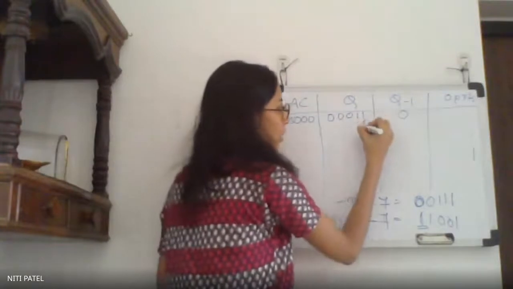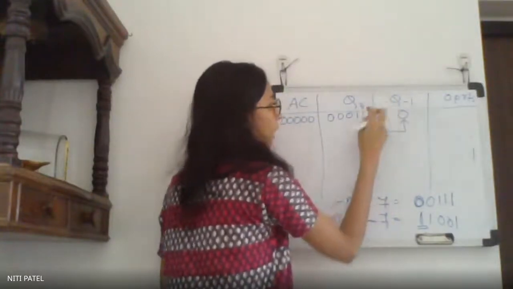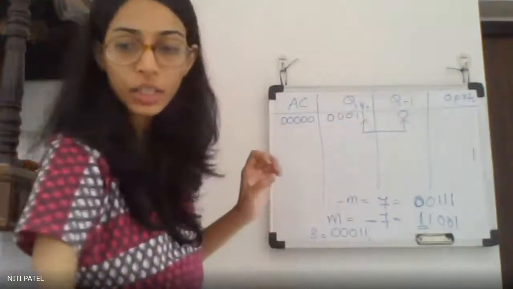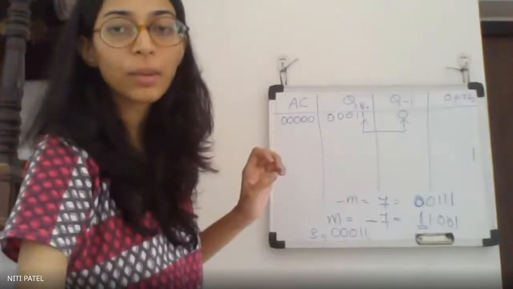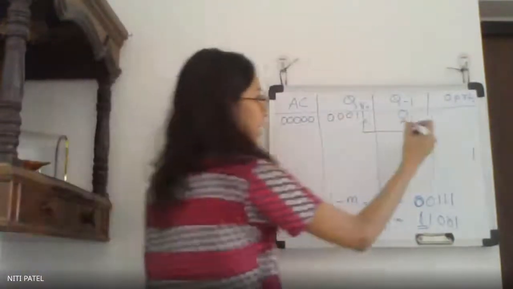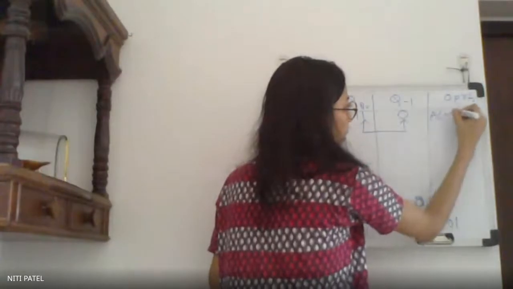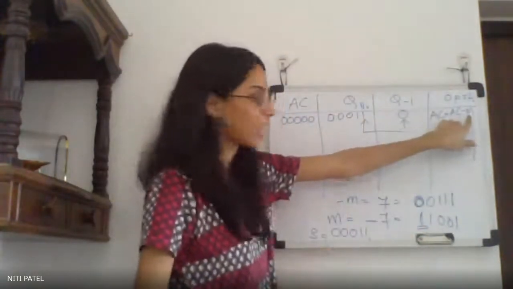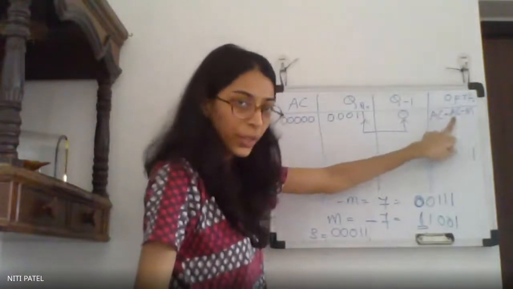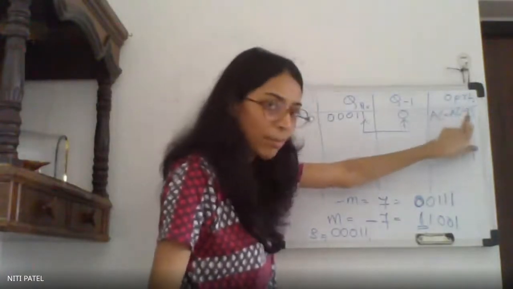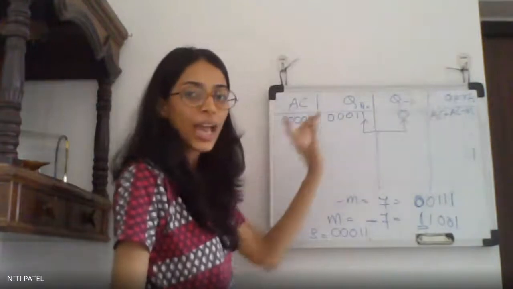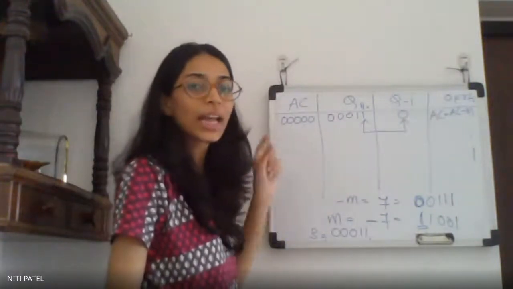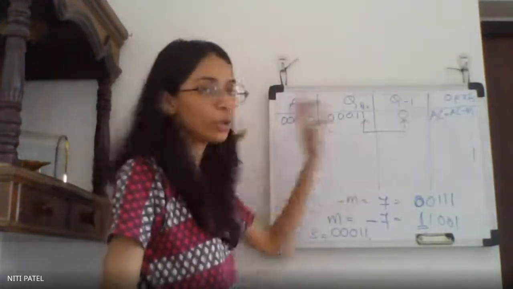Now, what does the algorithm say? If Q0 is 1 and Q minus 1 is 0, that is 1, 0, what am I supposed to do? AC is equal to AC minus M. So when I do AC is equal to AC minus M, I take the content of AC, I take the content of minus M, and then I add the content of AC and minus M. Whatever result I get is stored into AC.